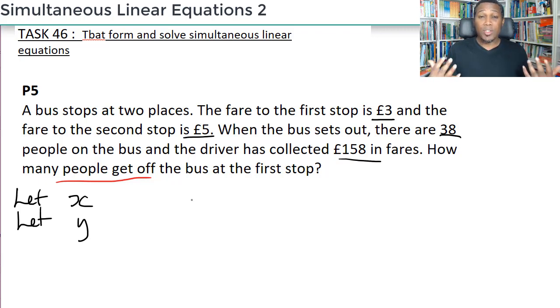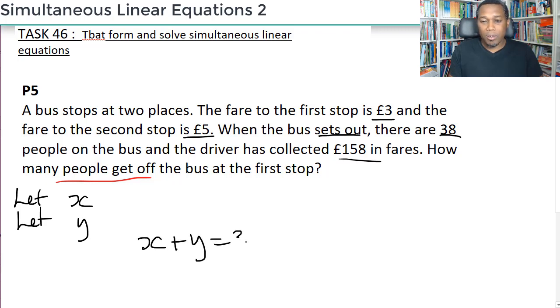What do we actually know? We know how many people are on the bus in total. Do we know that? Yeah, we do, because when the bus sets out, there are 38 people on the bus. So one of your equations, and then we'll tidy up what we'll write for x and y, is going to be x plus y is 38.